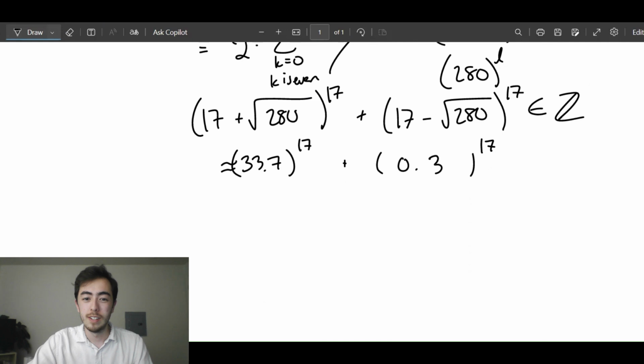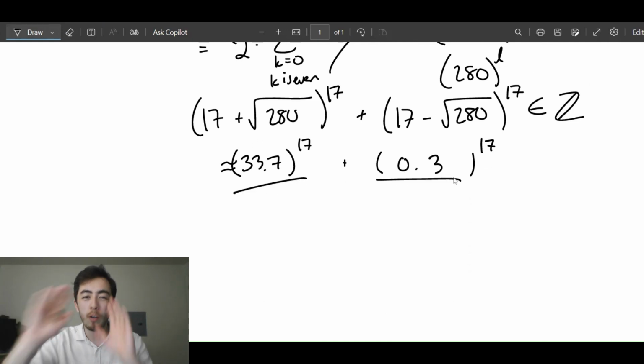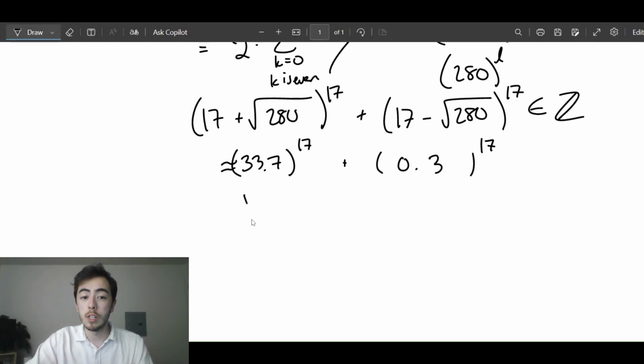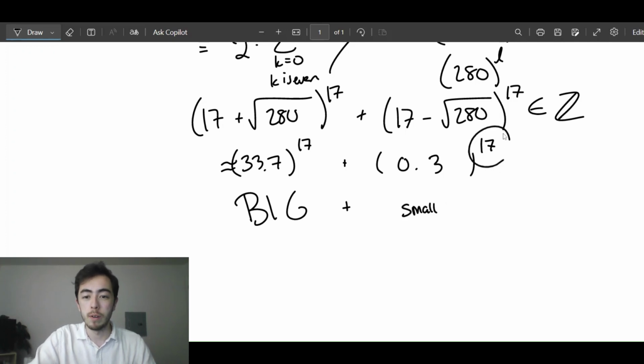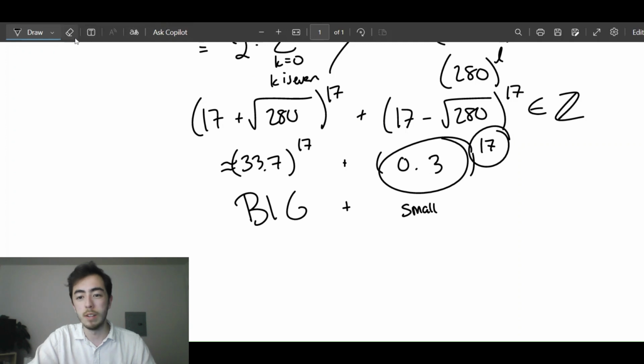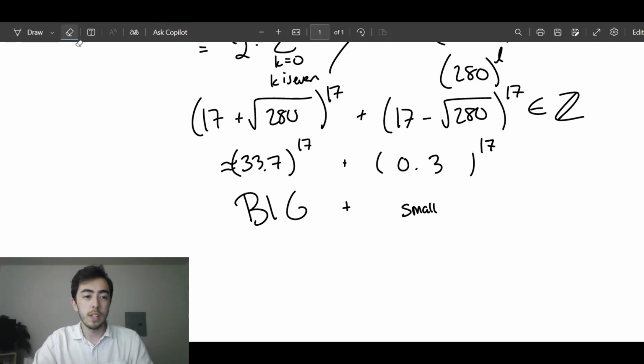So this is a representation of what we're doing here. And if you notice, the term on the left gets really, really big, right? Because we're doing like 34 multiplied by itself over and over again. On the right side, we're going to get something freakishly small, so close to zero. Because once we take the 17th power of a number that's below 1 and above 0, we're going to get some number that is so tiny.